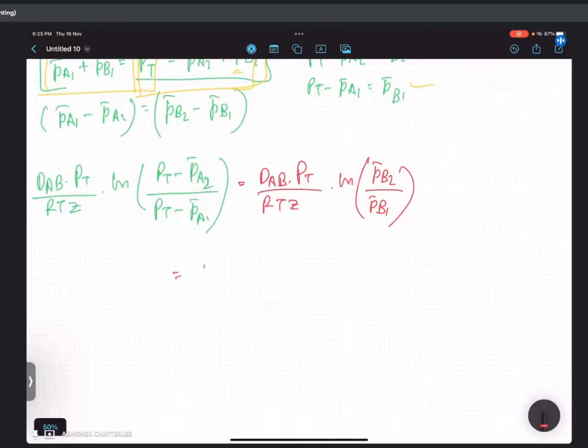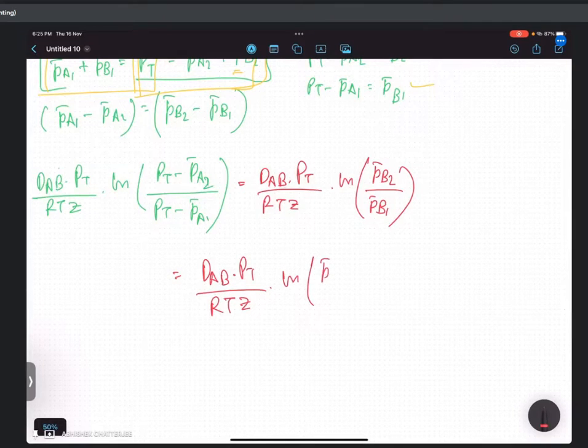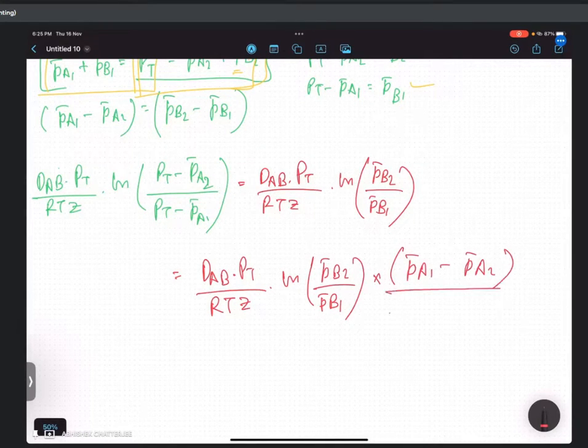Now let us multiply the numerator and the denominator by PA1 bar minus PA2 bar, divided by PA1 bar minus PA2 bar. With the same quantity we are multiplying, so it should not create a problem. It will just cancel out.